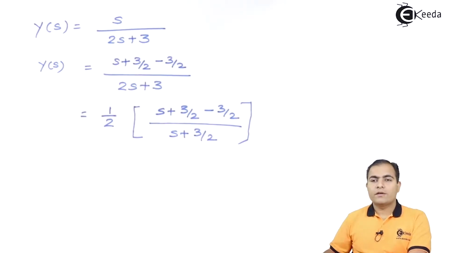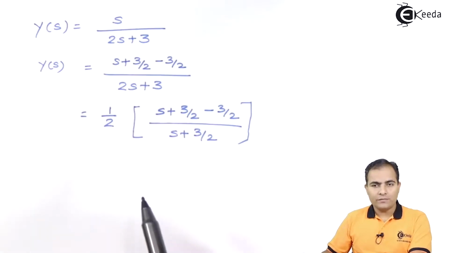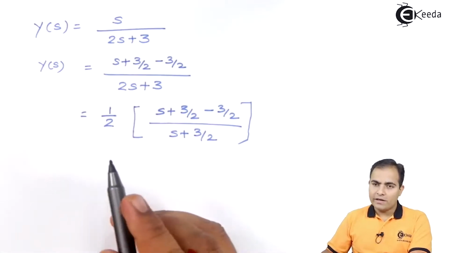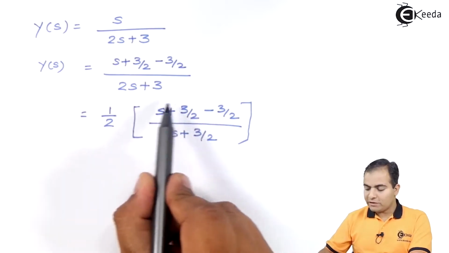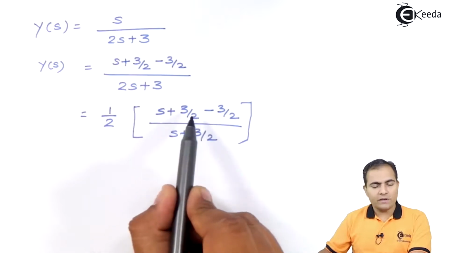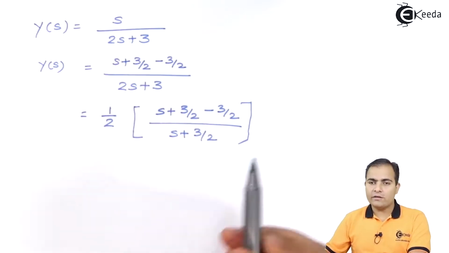Now, we know that we have one formula, we have studied: (a plus b) by c can be written as a by c plus b by c. Which means I'm going to split this numerator part in two parts, like s plus 3 by 2 will be the first numerator and minus 3 by 2 is my second numerator.